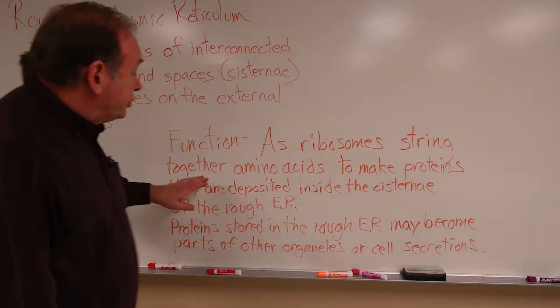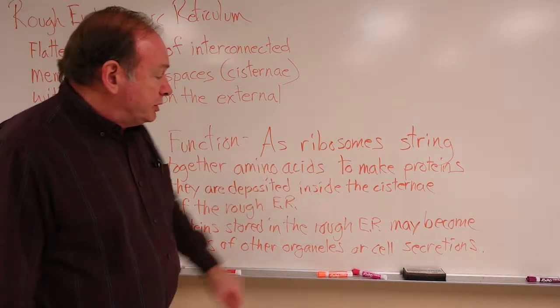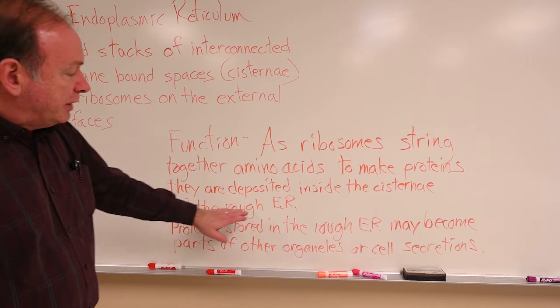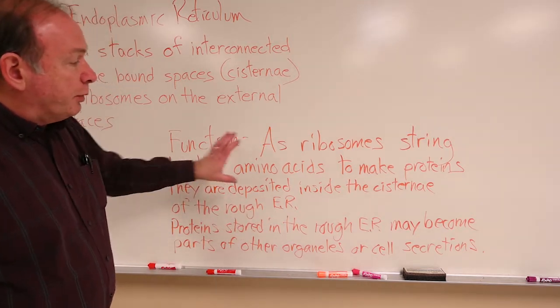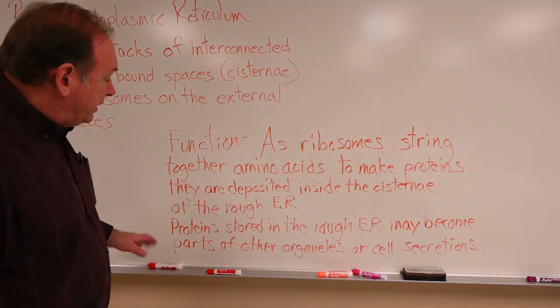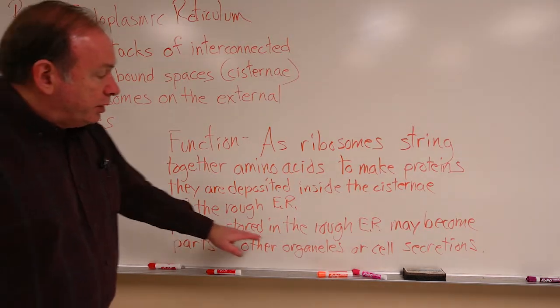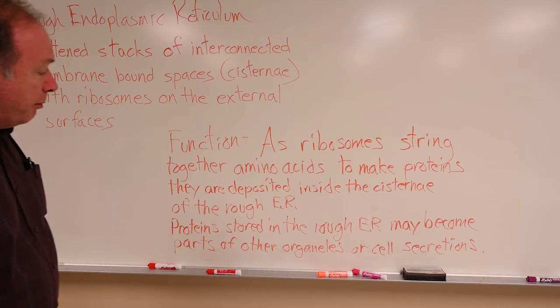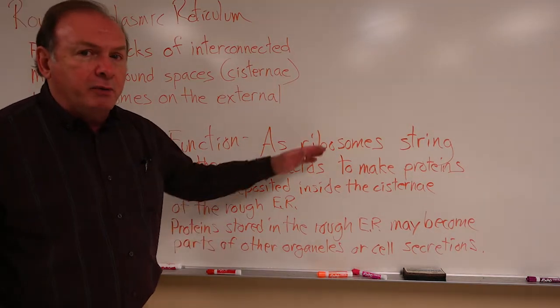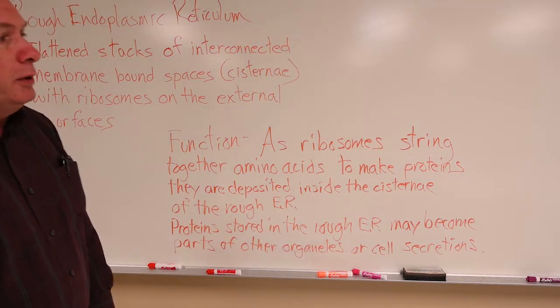As ribosomes string together amino acids to make proteins, they are deposited to the inside of the cisternae of the rough endoplasmic reticulum. Proteins stored in the rough endoplasmic reticulum may become parts of other organelles or cell secretions, so they move on from the rough endoplasmic reticulum to other structures.